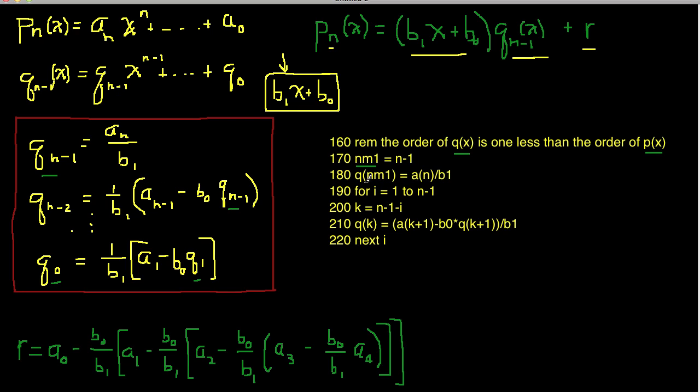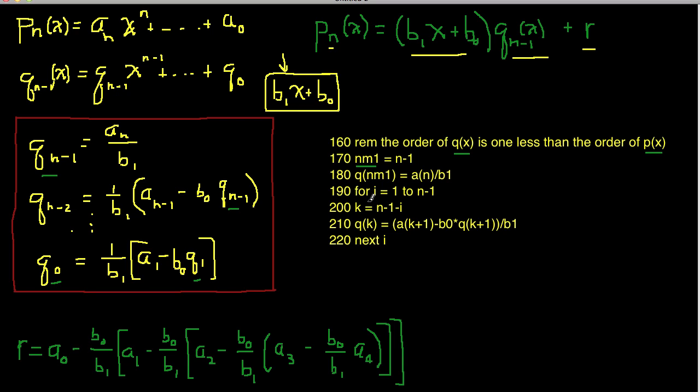I say q of n minus 1 is equal to a sub n divided by b1. Remember that a sub n was defined in the computer code as an array variable. Now I go into a for loop to evaluate the rest of these terms right in here.